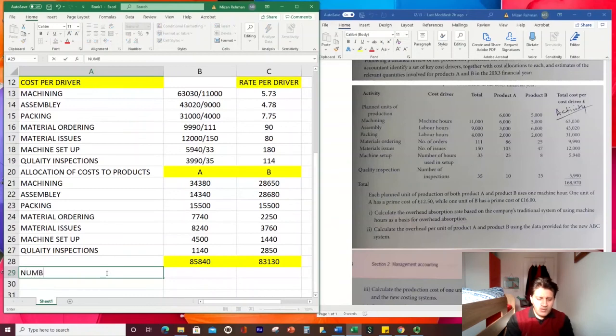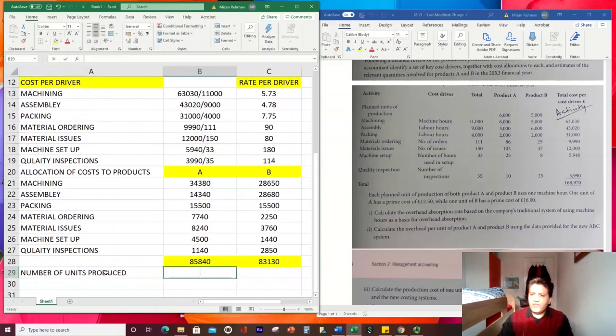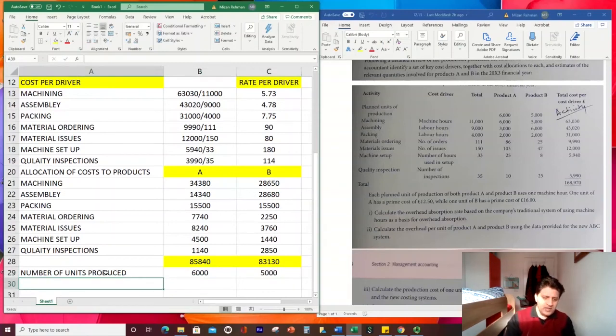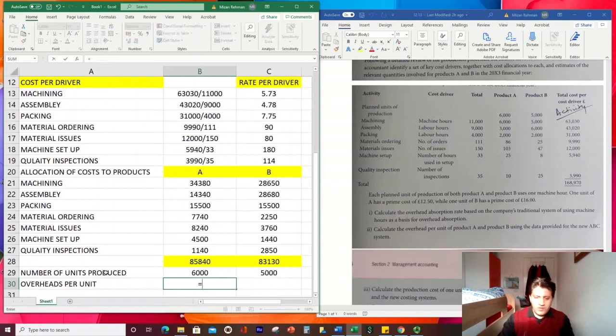So number of units produced, 6,000 A and 5,000 B, and we get the overhead per unit as total overheads for A divided by number of A produced, and we get our cost. And let's do it to 2 decimal places only, 14.31.